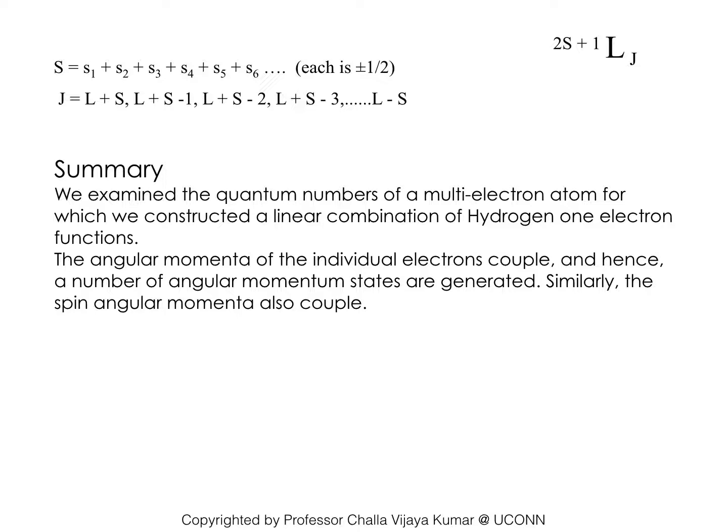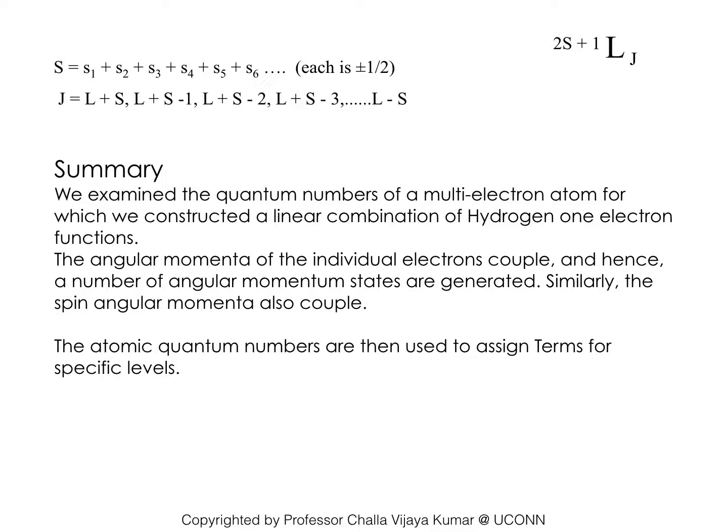The atomic quantum numbers are then used to assign terms for specific levels in atoms. Later on, you will see in molecules we will do the same. We will apply similar rules and similar term symbols to explain the absorption spectra of molecules as well.